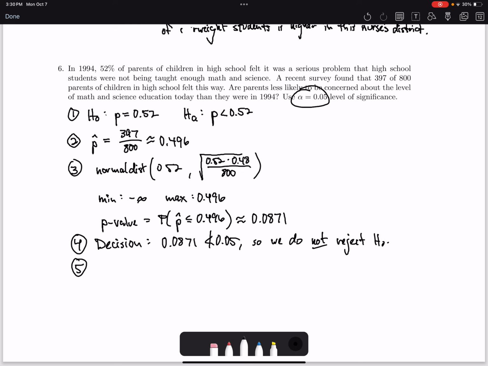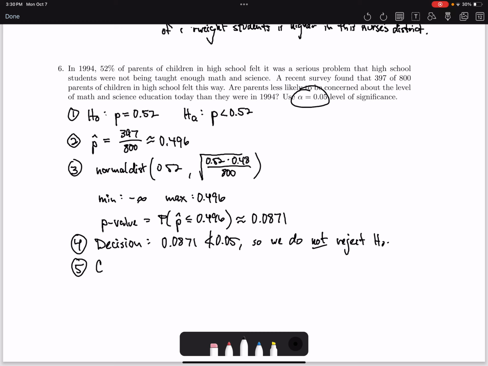So we're saying that if we assume that the null hypothesis is true, there's still almost a 9% chance of us observing this sample proportion, which means that it's not really all that unusual to observe this sample proportion under this assumption. And so we don't reject it, right? There's no reason to reject our assumption then, okay?